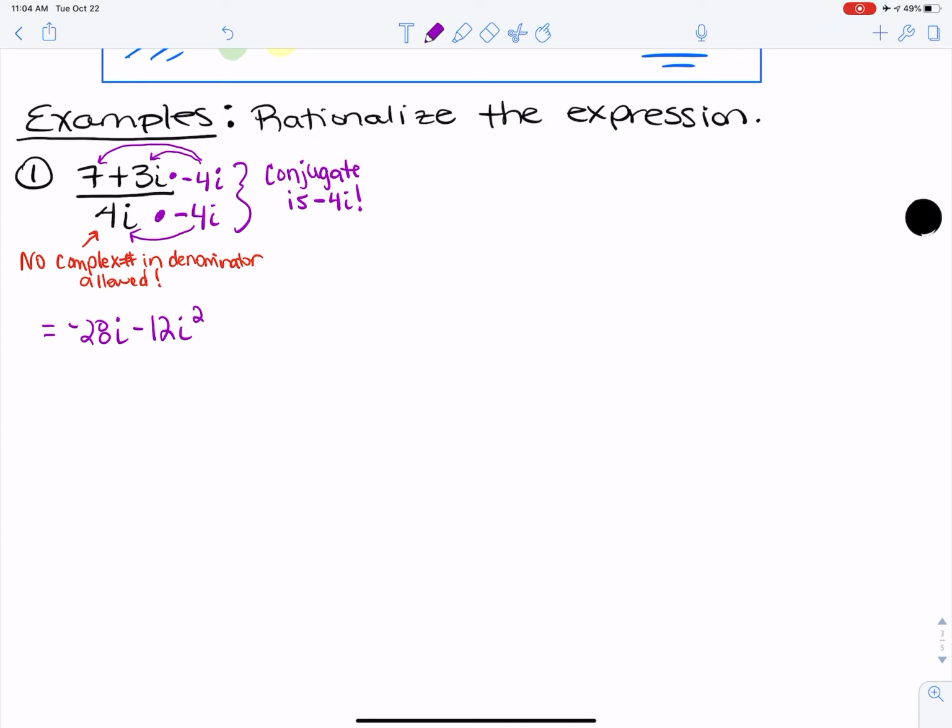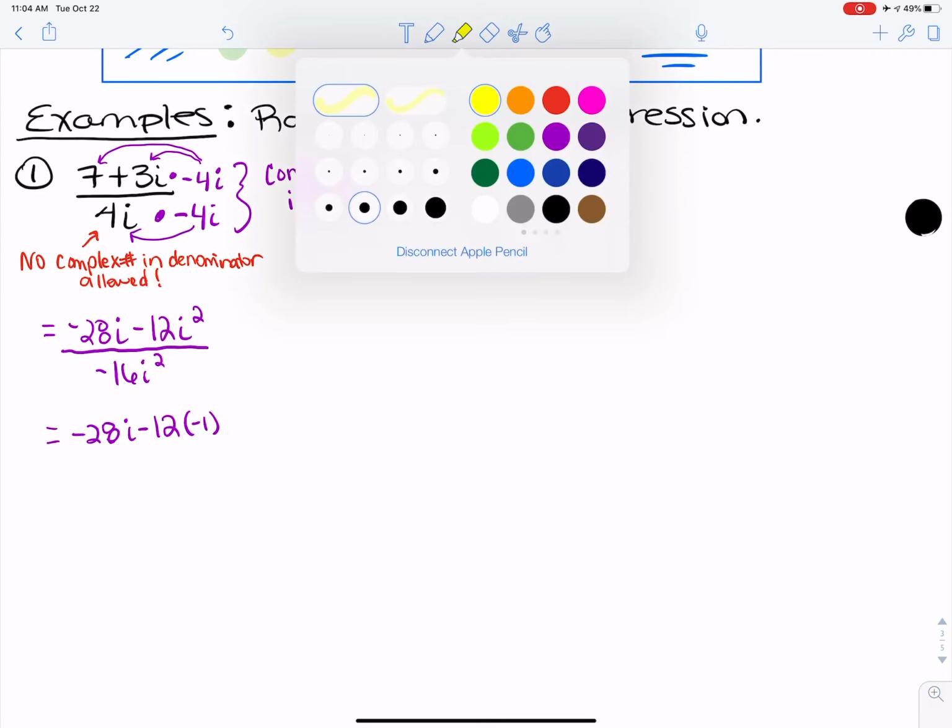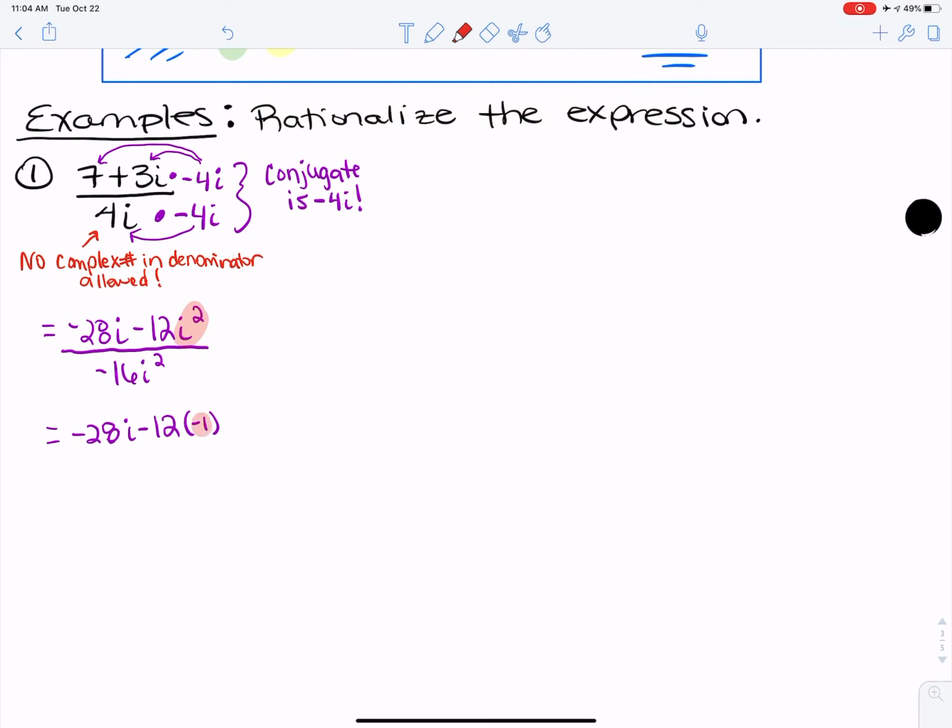Look at that, i squared. So it looks like that i is going to go away. But before we make it go away, let's finish the bottom. That is negative 16i squared. Looks like that's going away as well. Okay, negative 28i minus 12 times negative 1, because we know that i squared is the same as negative 1, divided by negative 16 times negative 1, because i squared is negative 1.